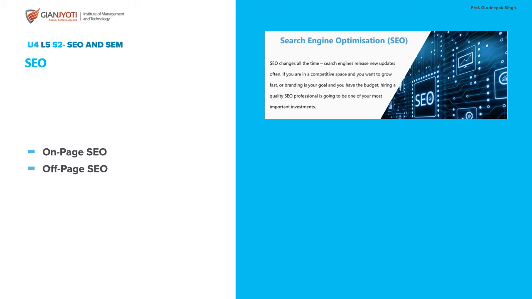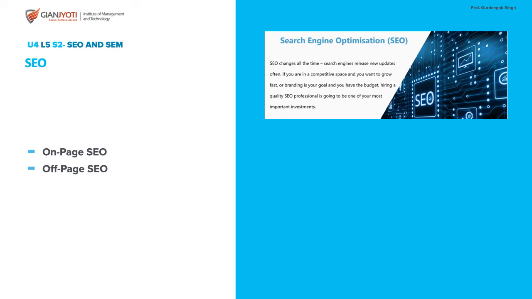So just to give you a broad overview, we will talk about the different aspects of SEO. If I have to define search engine optimization, as you saw what Google was saying, search engine optimization changes all the time. So it is not that you do it once and that remains forever.